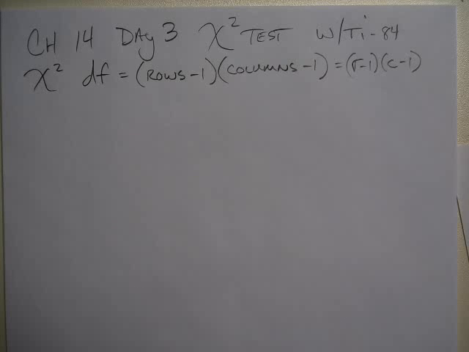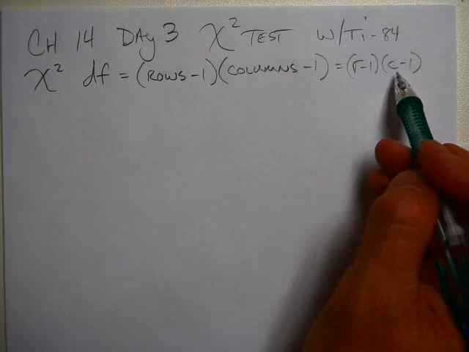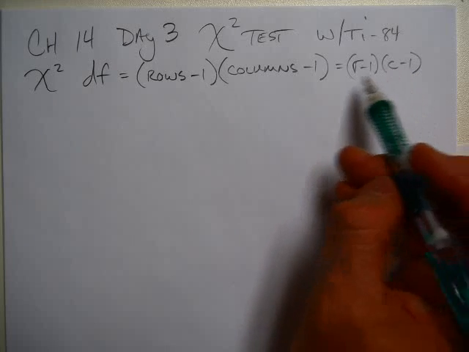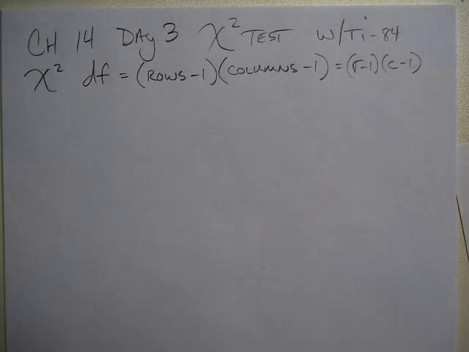It's just that with goodness of fit, you only have two columns, an L1 and an L2. So what's 2 minus 1? That's 1. So it's the number of rows minus 1 that they say for goodness of fit. But it's really the same.